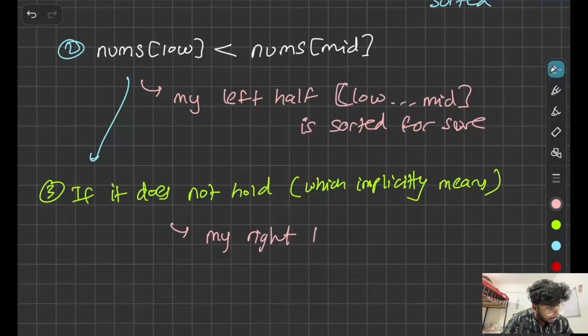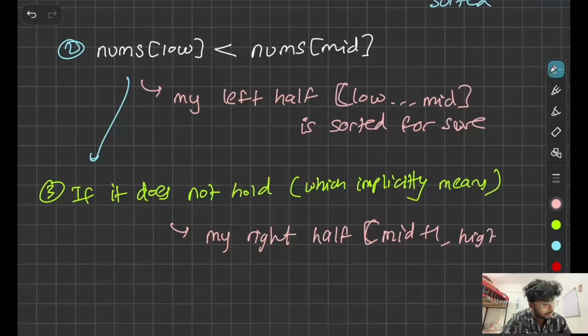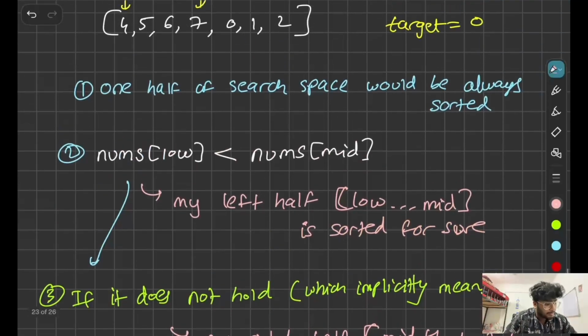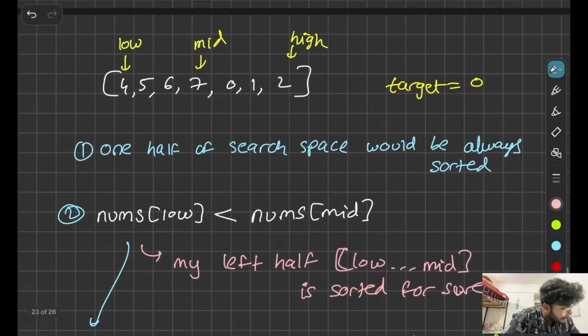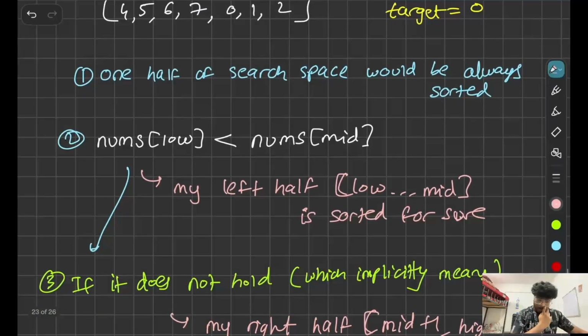My right half, which is from mid plus 1 to high, is sorted. So at least we would have one sorted part, or at most both of them would be sorted themselves. That can be the case as well. So I can now clearly see one of my halves would be sorted and one would be unsorted.